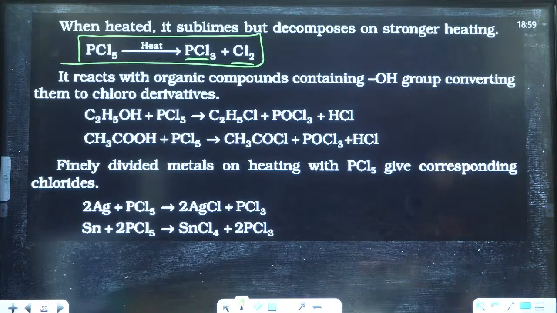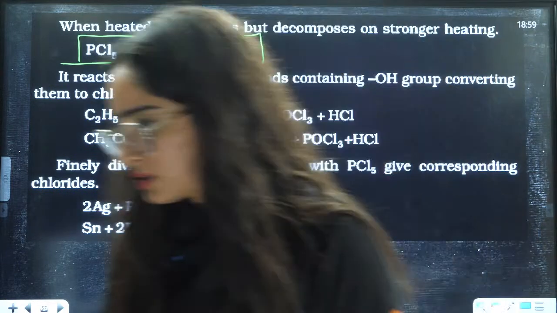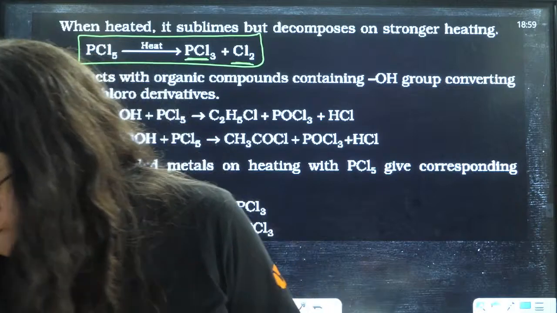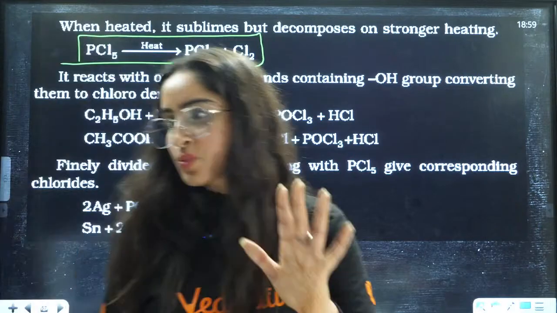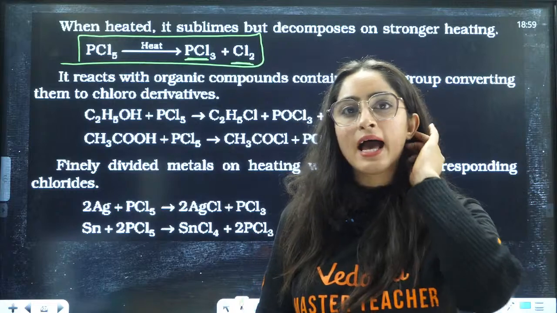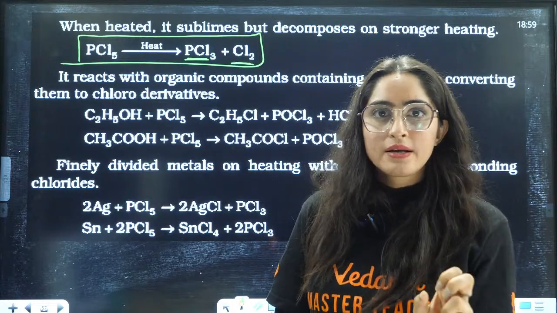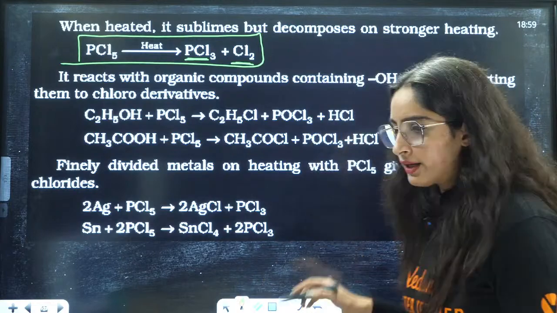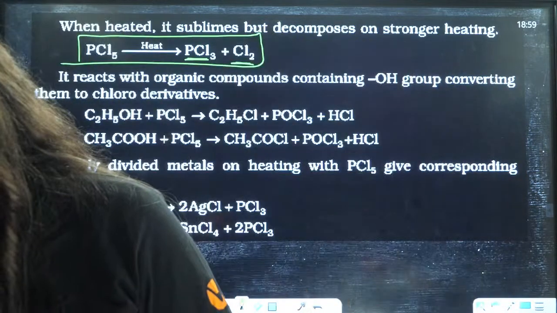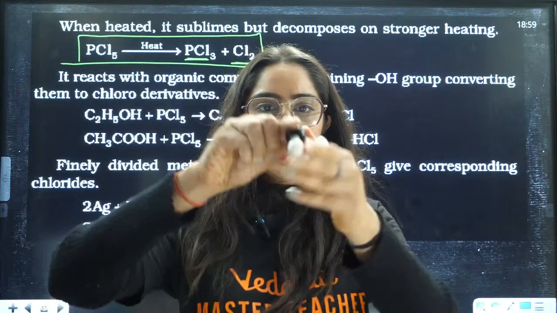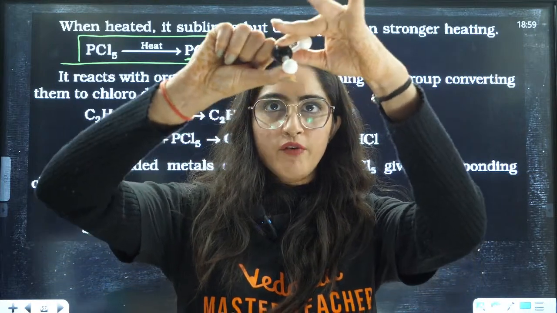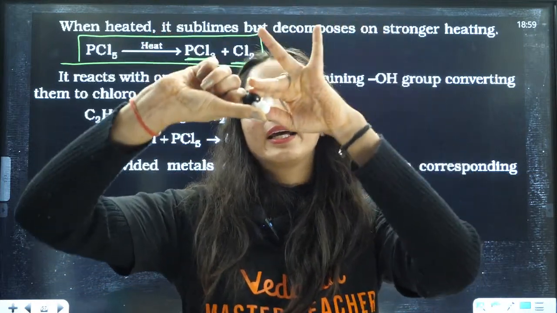Now I can't find that structure. Okay, so I'll give you just one example here. Basically, it has a trigonal bipyramidal structure, right? In one plane, it will have a triangle kind of arrangement with bonds at 120 degrees to each other.